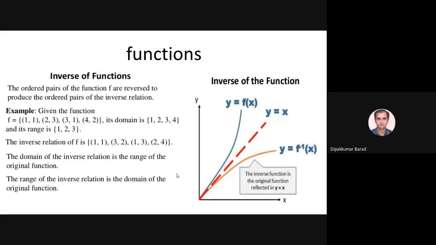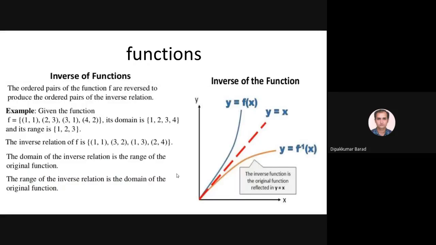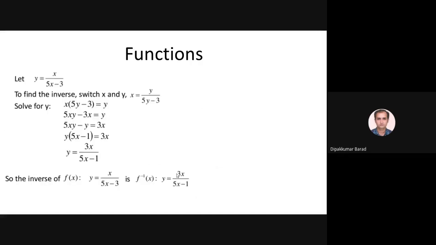This is the inverse of a function, F inverse. But F inverse exists only when the given function is one-one and onto. Here is the inverse of a function which we have given. Then find the inverse of a function like y is equal to x upon 5x minus 3. To find the inverse, switch x and y.